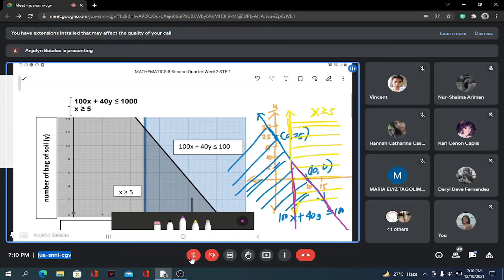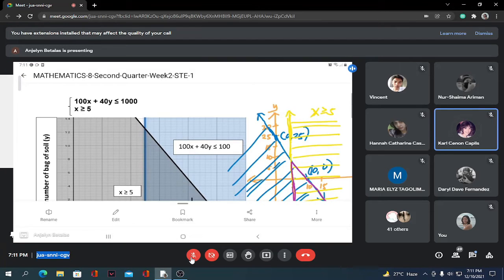But the question is, what is y? The number of bags of soil. Can y be negative? Can it, class?